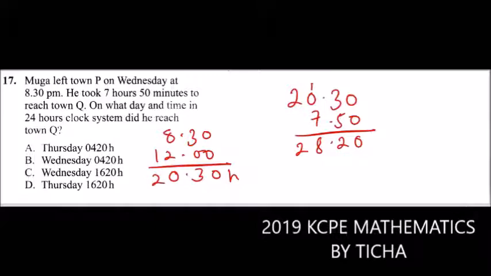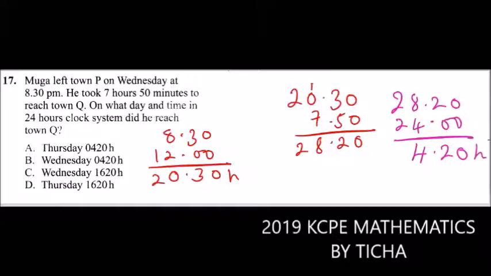this means that we have reached midnight and we have exceeded. So we say 28 hours and 20 minutes, you subtract 24 hours, so that we now get the following day, since the day ends with 24 hours. So we have 4:20 hours.